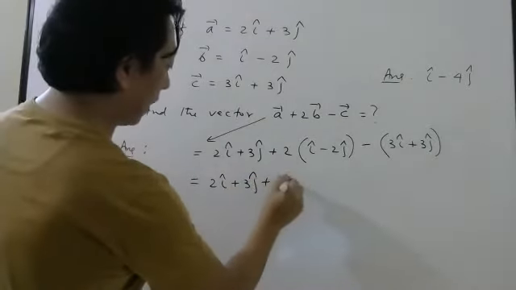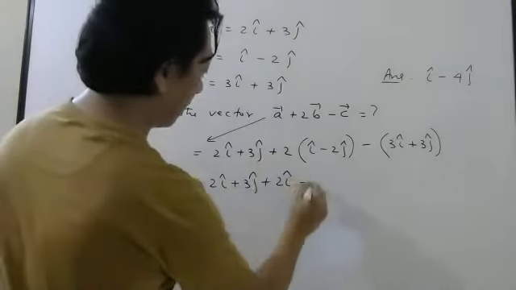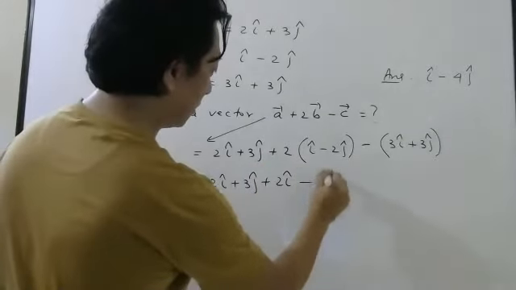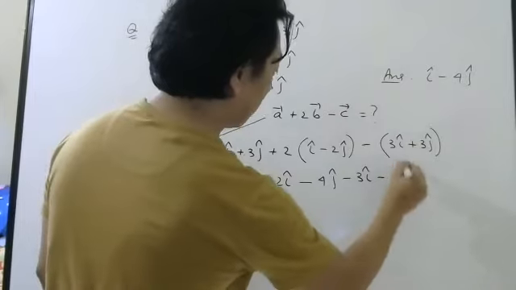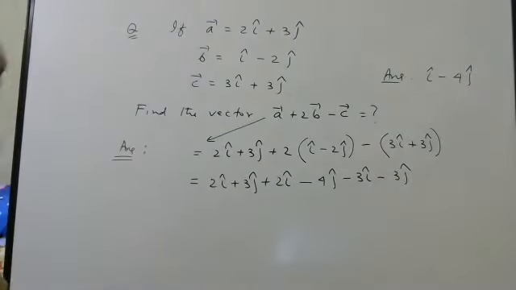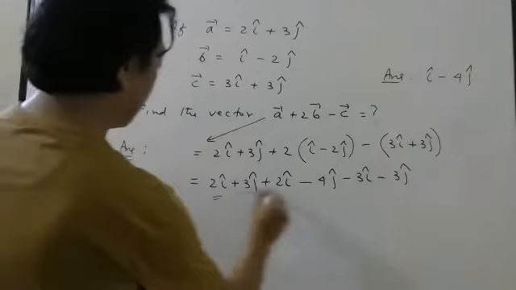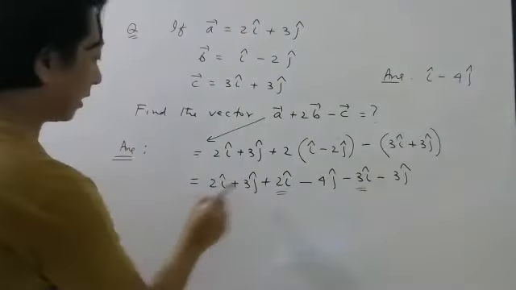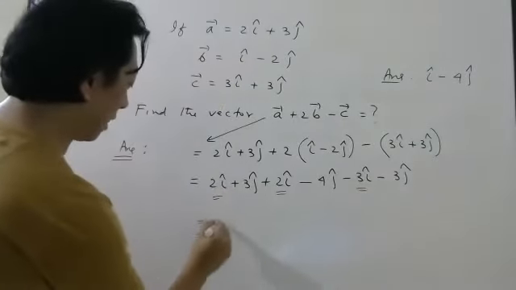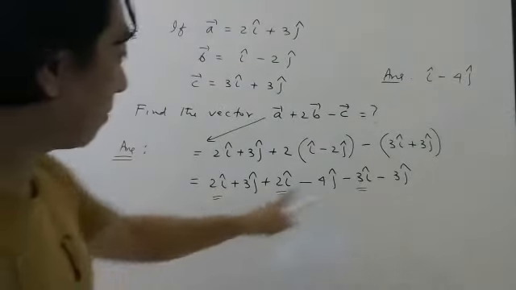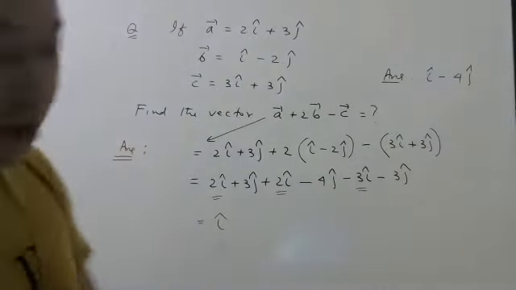2i cap plus minus minus 2, 2s are 4 j cap, minus 3i cap, minus plus minus 3j cap. Now collect the like terms. What are the like terms? I cap, I cap, I cap: 2i cap plus 4i cap minus 3i cap will be 1i cap.